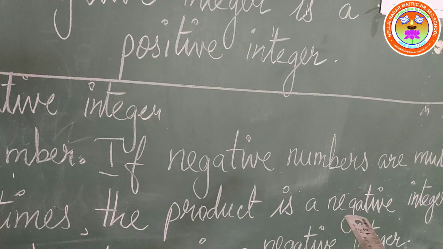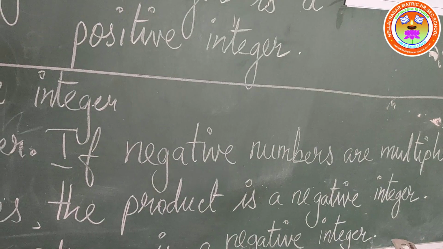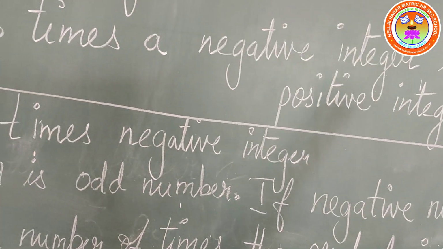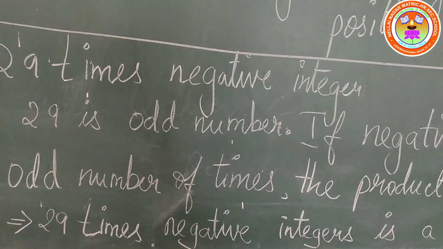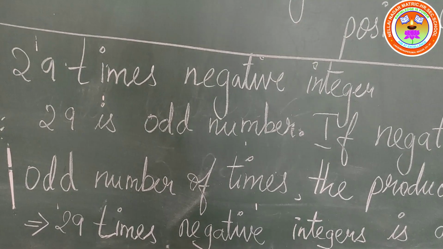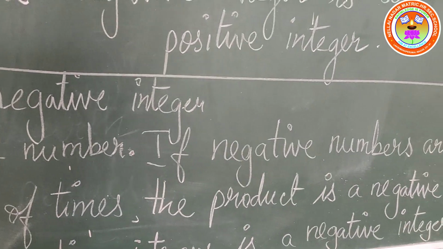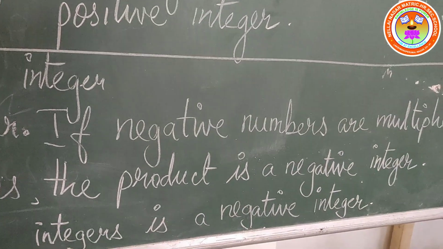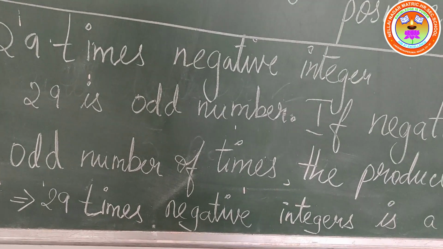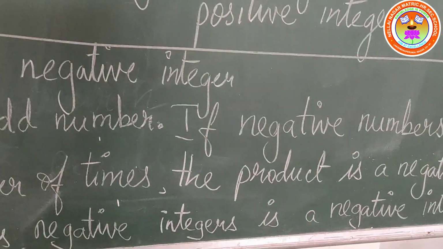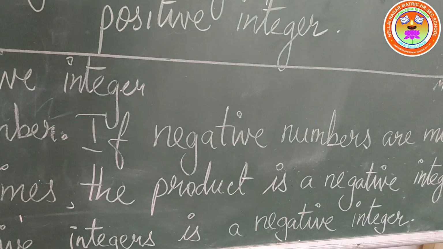The product is a negative integer. So when I multiplied even number of times, what was it? It was positive. And when I multiply odd number of times, it is negative. Now, what should I say from this? 29 times negative integers is a negative integer.